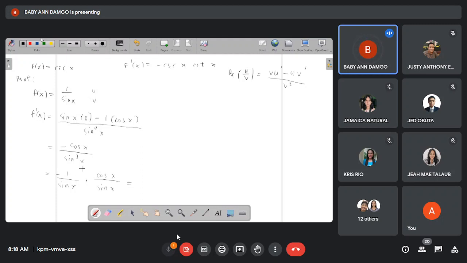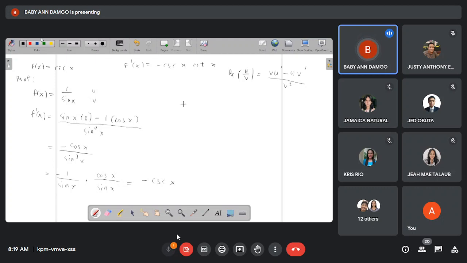1 over sine x is just cosecant x. How about cosine x over sine x?